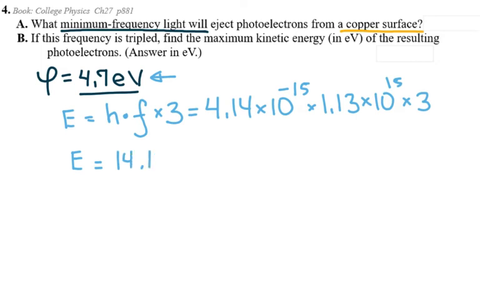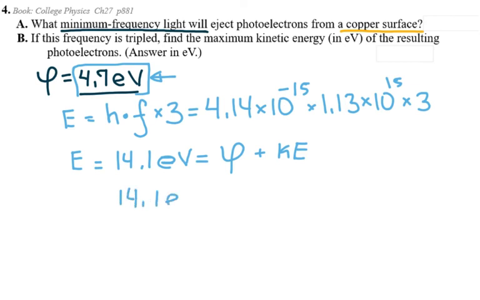So that energy, in electron volts, is equal to the work function plus the kinetic energy. And they give me the work function. This is the work function for the copper. So I have 14.1 electron volts equals 4.7 electron volts plus the maximum kinetic energy of those ejected electrons.